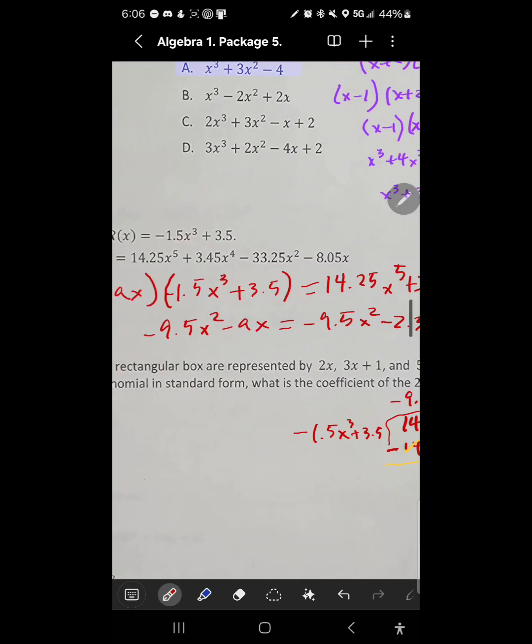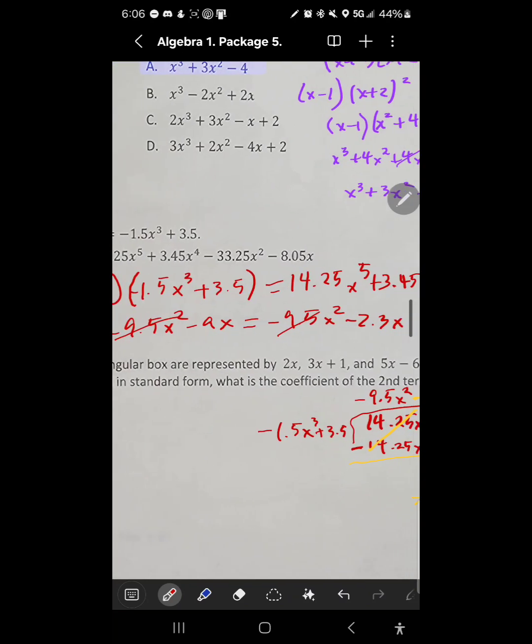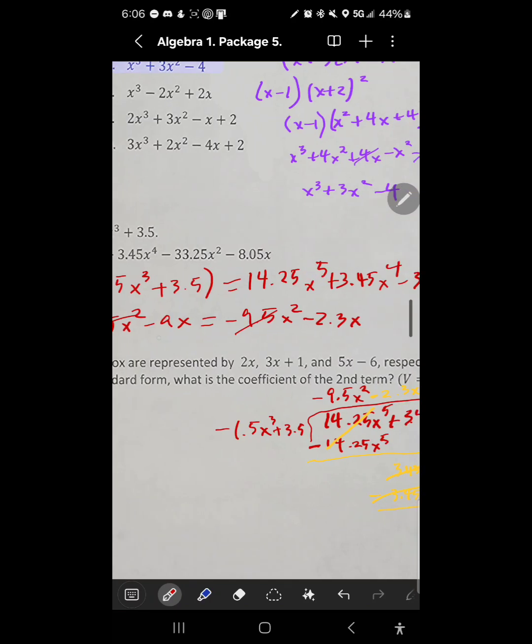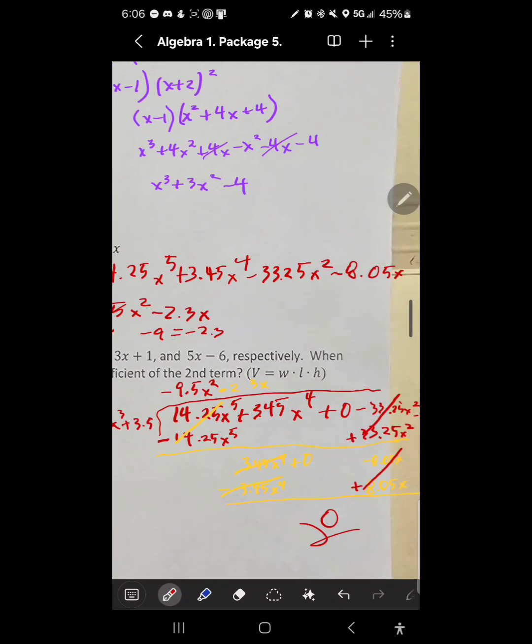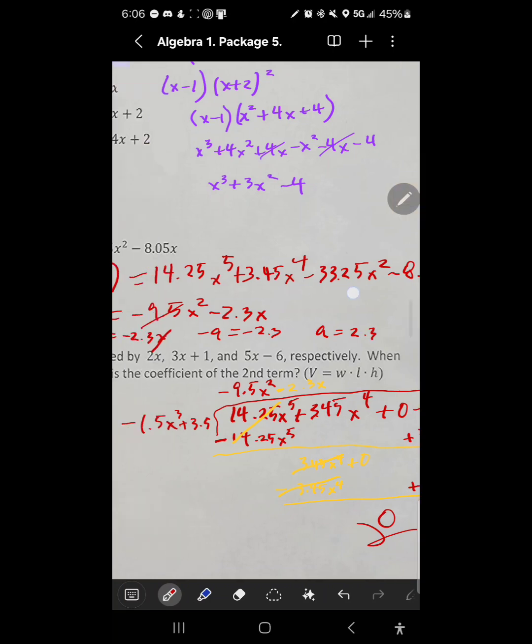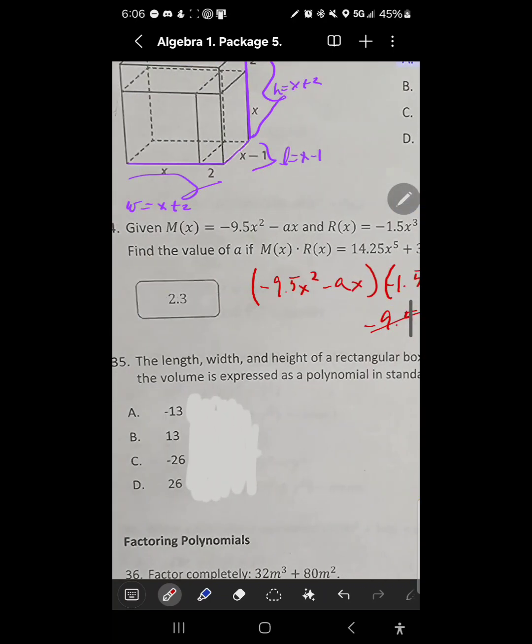So, as you can see, they will just cancel out. And we have minus 8x equals minus 2.3x. We can divide both sides by x, have minus 8 equals minus 2.3, and we can just take out the negative sign and get that 8 equals 2.3. And that's our answer.